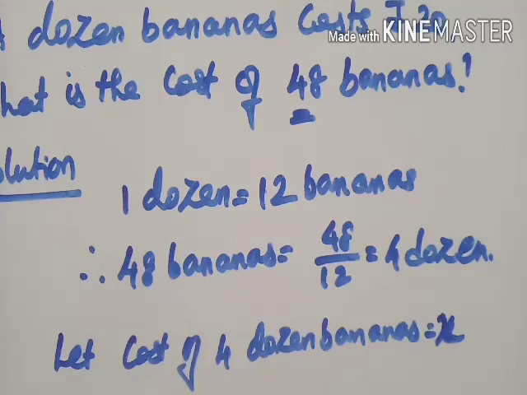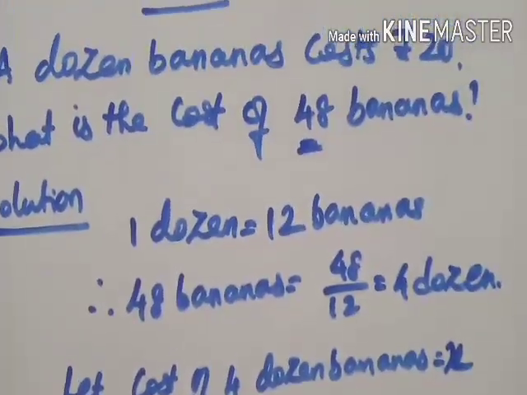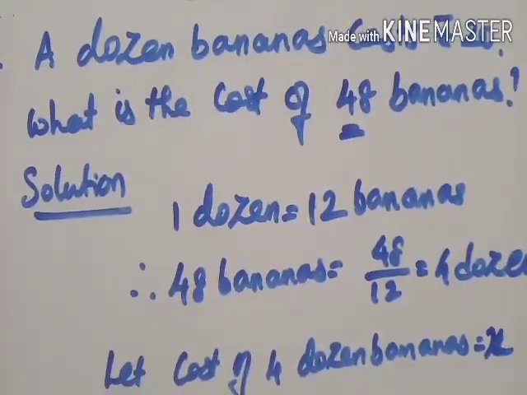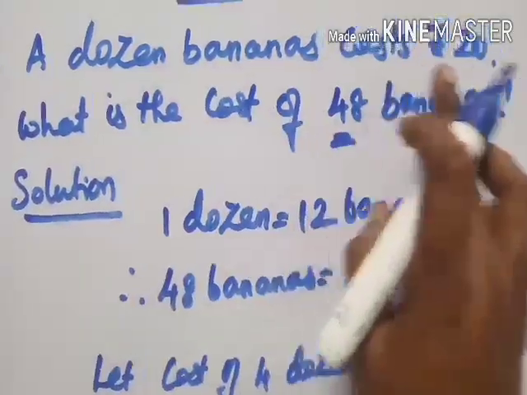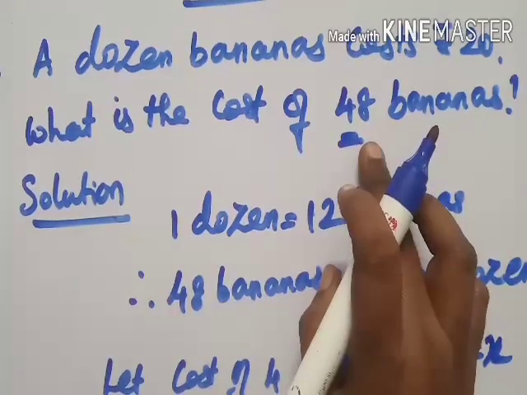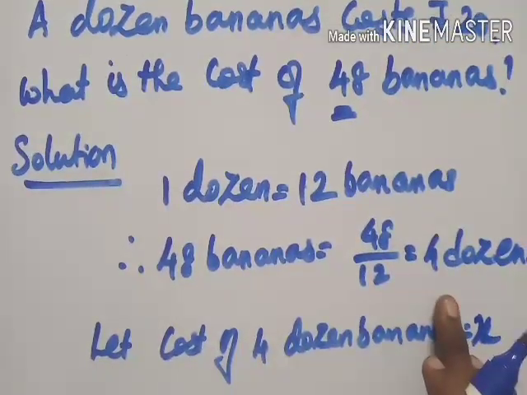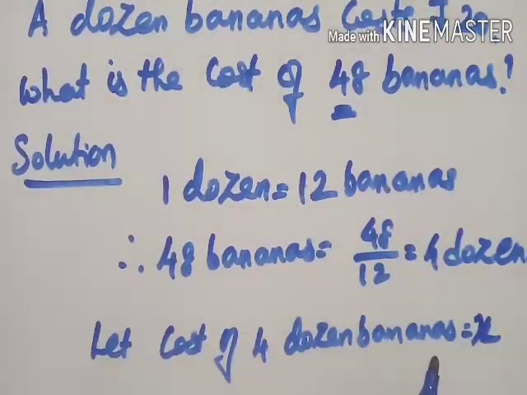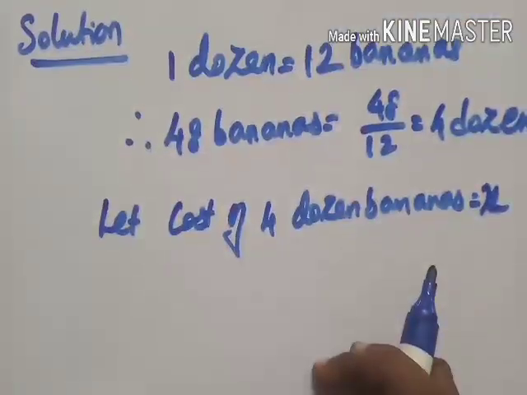Right. Now, how to find out that the given sum is in direct variation. That is, 1 dozen bananas cost 20 rupees. We have to find out 48 bananas, in the sense 4 dozen. So, the number of bananas increases, so cost also will increase.